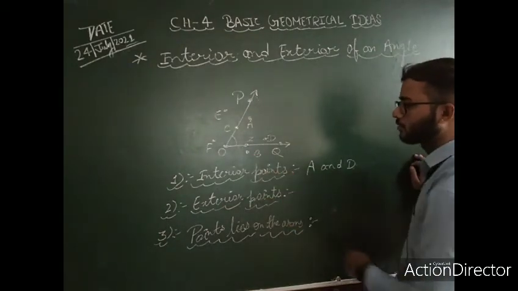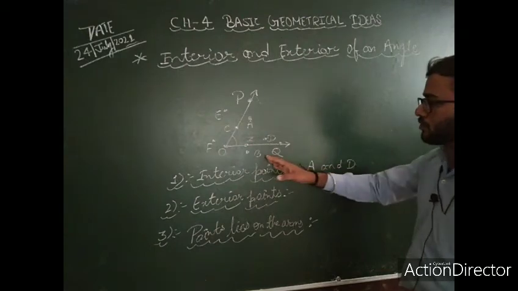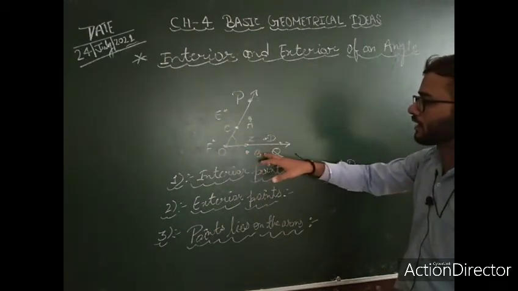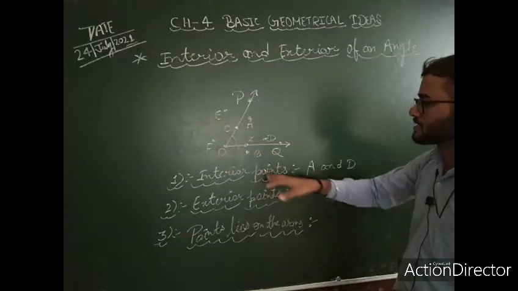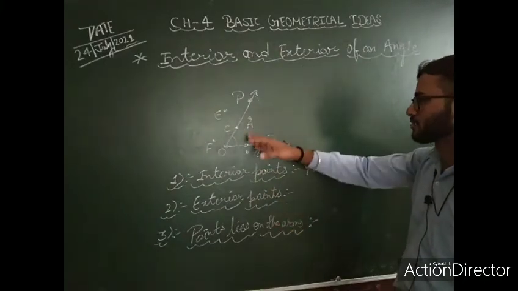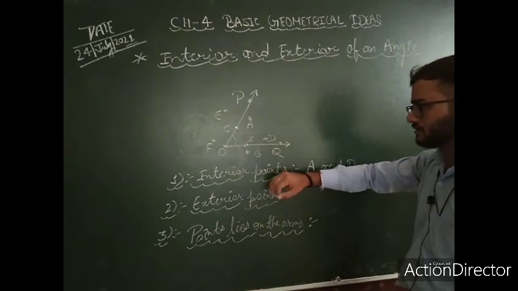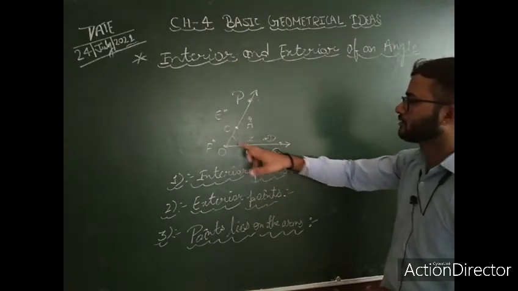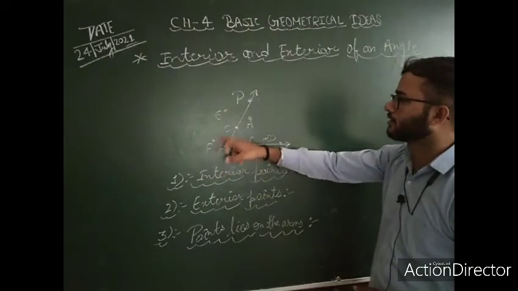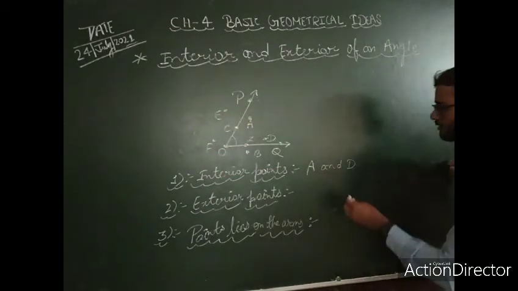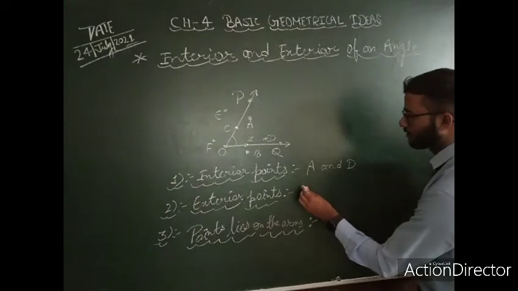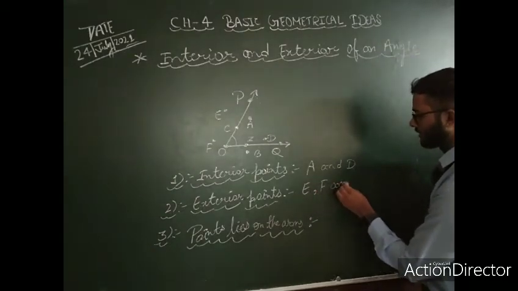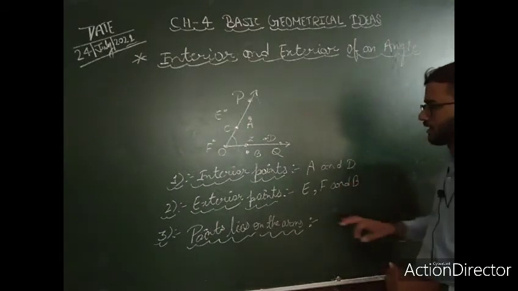Now exterior points. Those points lie outside of an angle and in the outside part of the angle. So we say that these are exterior points or exterior parts of an angle, right? So point B is an exterior point, F is an exterior point, and E. So here we write E, F and B are exterior points.